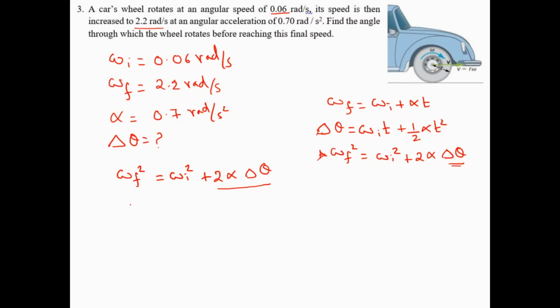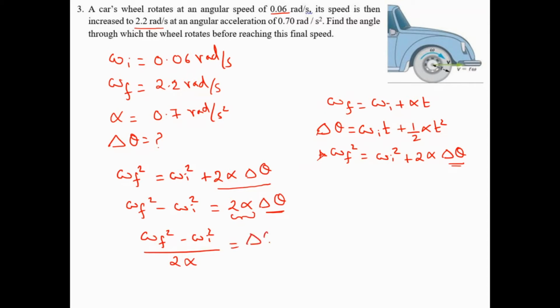I am going to move this term to the left hand side. By that, what will happen? Omega final square minus omega initial square is equal to 2 alpha delta theta. Now I'm going to move this term to the denominator on the other side. So your equation will become omega final square minus omega initial square over 2 multiplied by alpha, which is equal to delta theta.